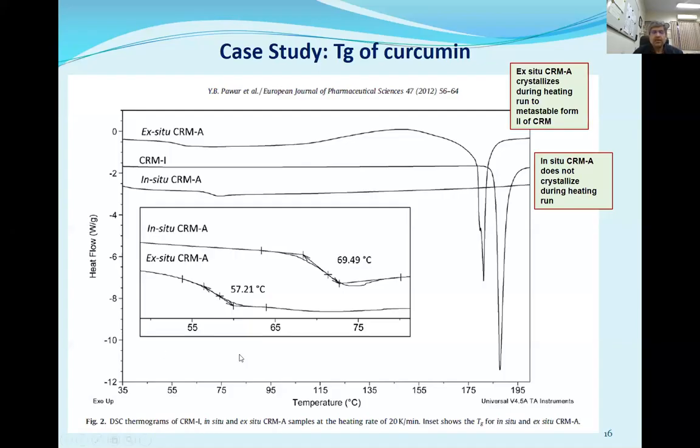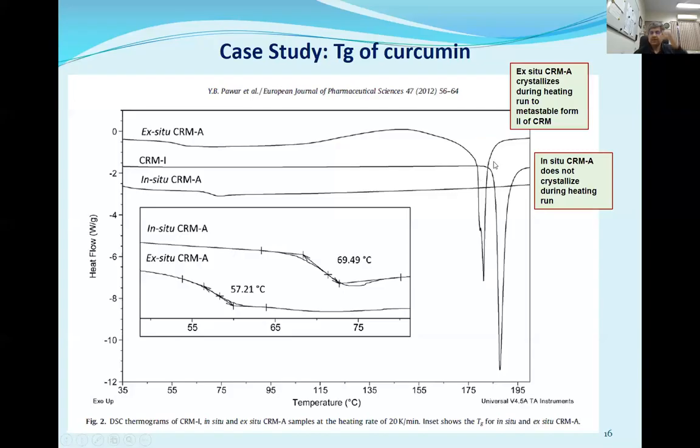Because of that, the overall Tg of the amorphous curcumin has fallen from 69.49 to 57.21. And another important phenomenon taking place in the XC2 sample is that it is recrystallizing during the DSC heating run, followed by the melting of the crystallized curcumin.